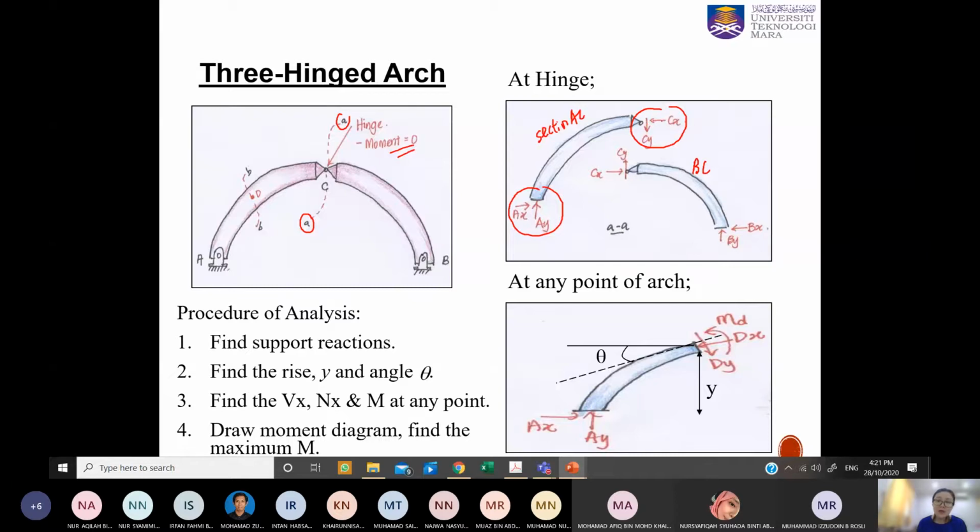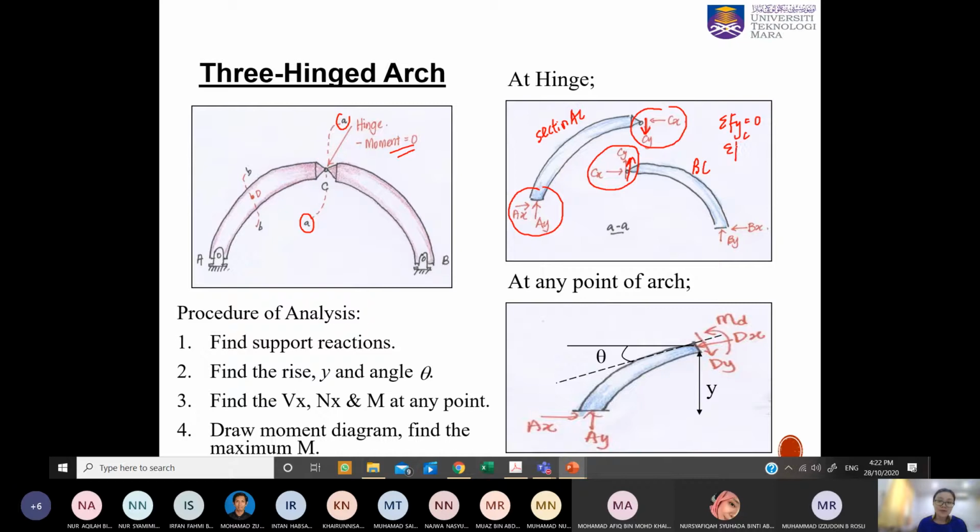So whatever direction you have decided for your C_X or C_Y, it shall be oppositely placed for your section BC. If you can see that, C_Y going down here, coming to section BC, it is going up. Why? Because we need to make sure that summation F_Y at this particular joint at C equals 0.